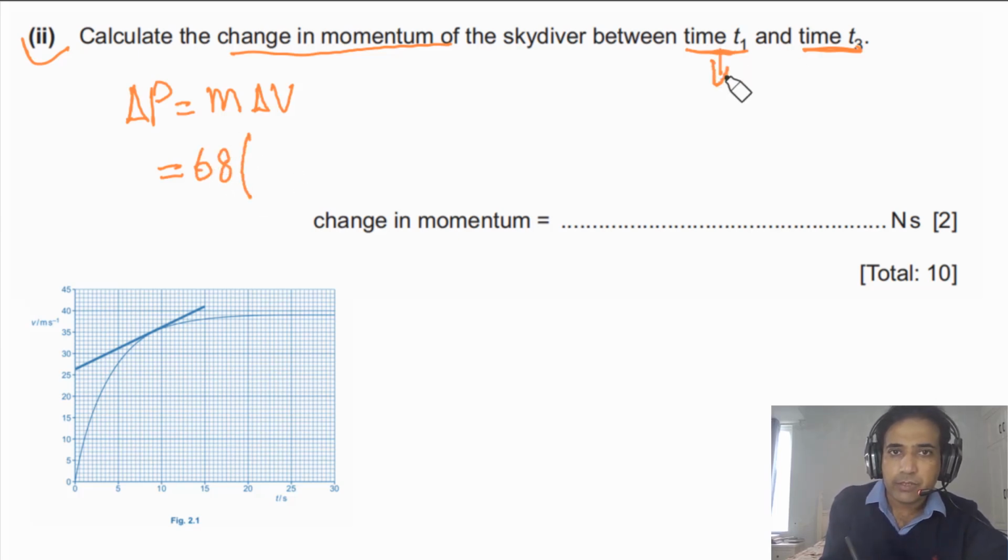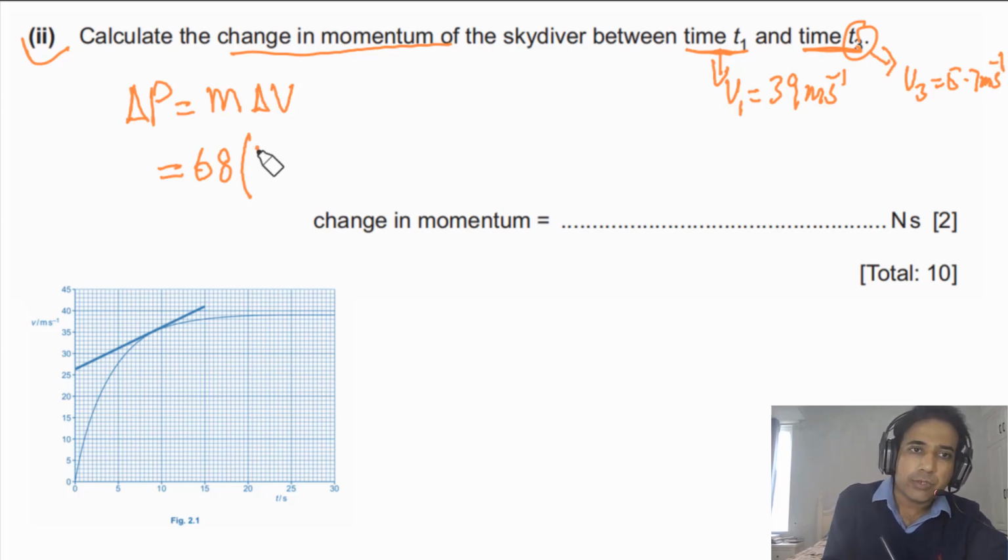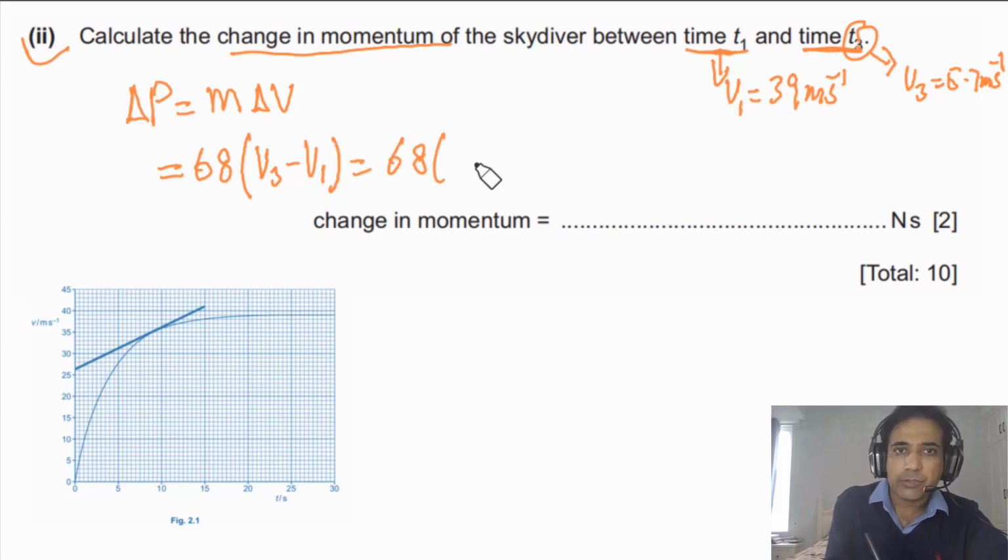So here we can say velocity v1 at time t1 was equal to 39 meters per second, and at t3 velocity v3, the magnitude of this one, is 5.7 meters per second. Now simply we can write down v3 minus v1 and plug in values: 5.7 minus 39.